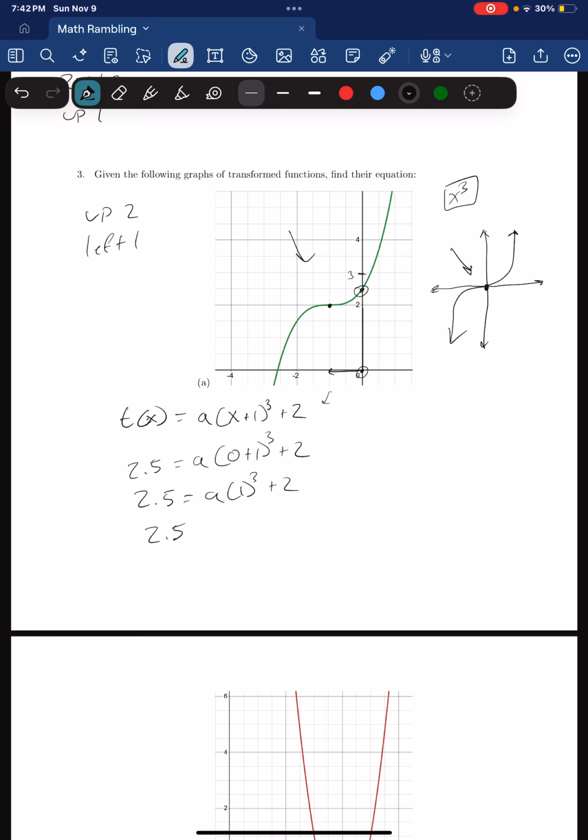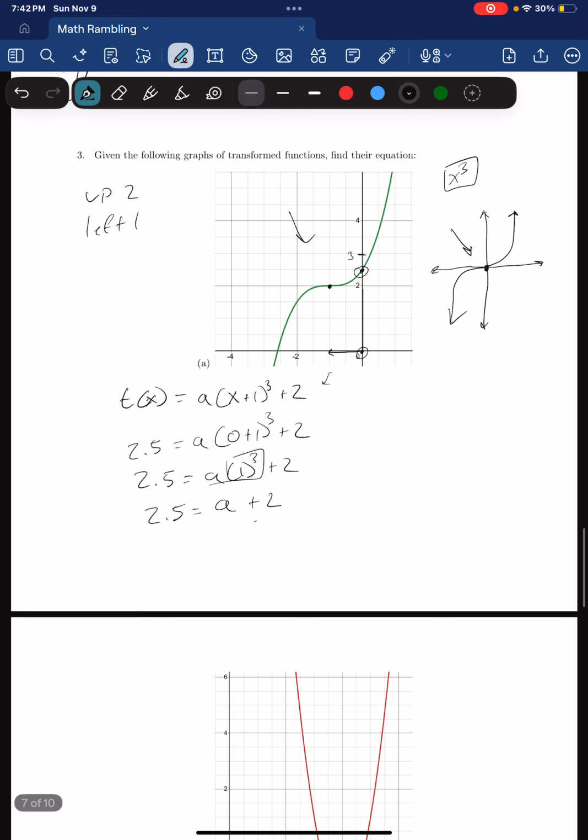So 2.5 equals a plus 2. Since 1 cubed is 1, and 1 times a is a, now we just need to solve for a, so let's subtract 2 from both sides and then get 0.5 equals a. All right, great. So now we have t of x equals 0.5 times x plus 1 cubed plus 2.